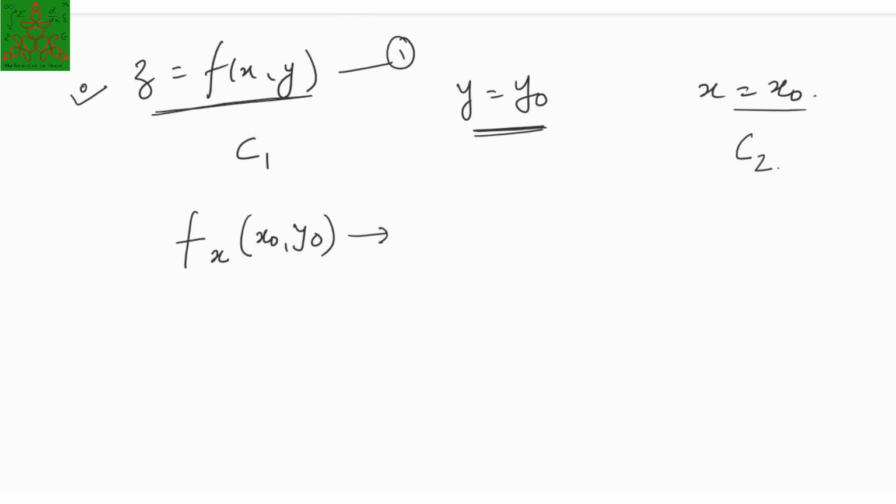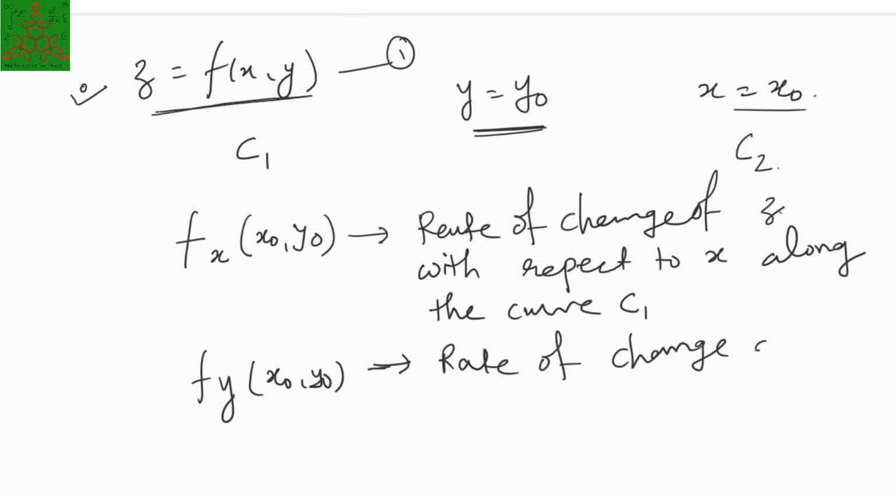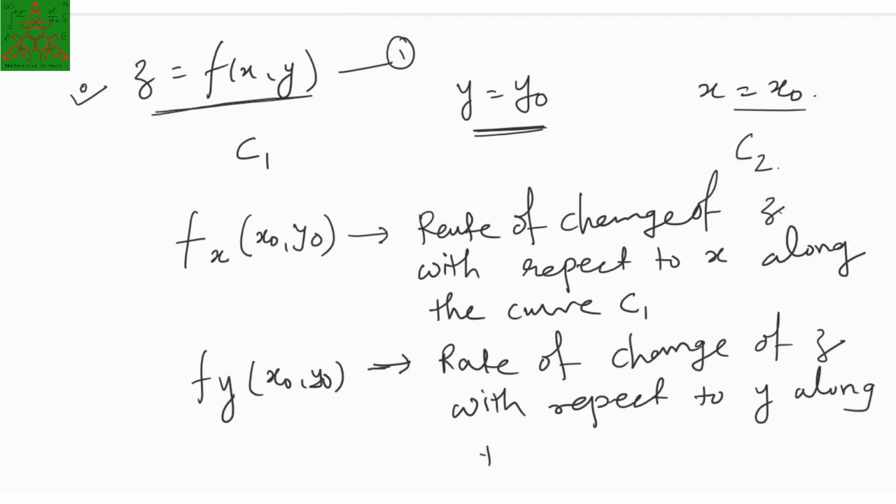And fy at point x0, y0 will be the rate of change of z with respect to y along the curve C2. So let us understand this thing graphically.